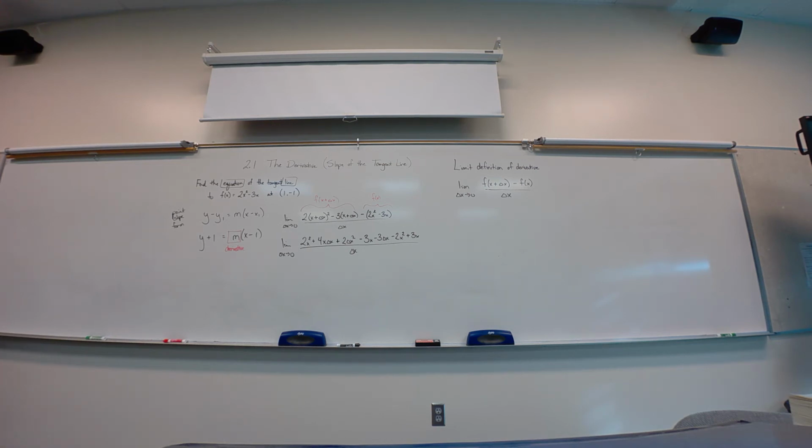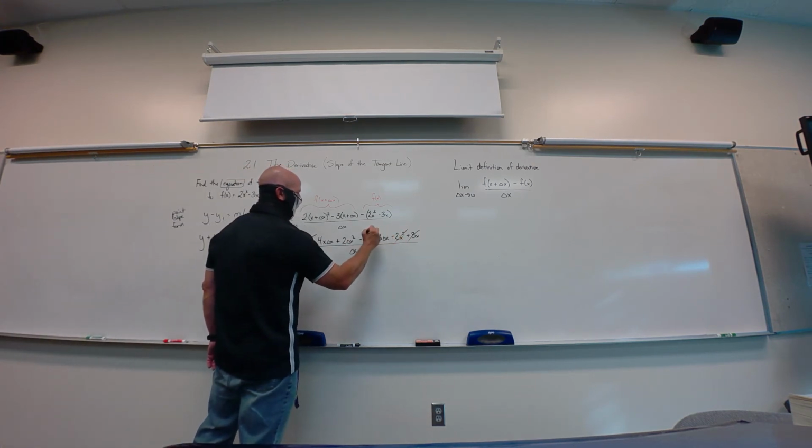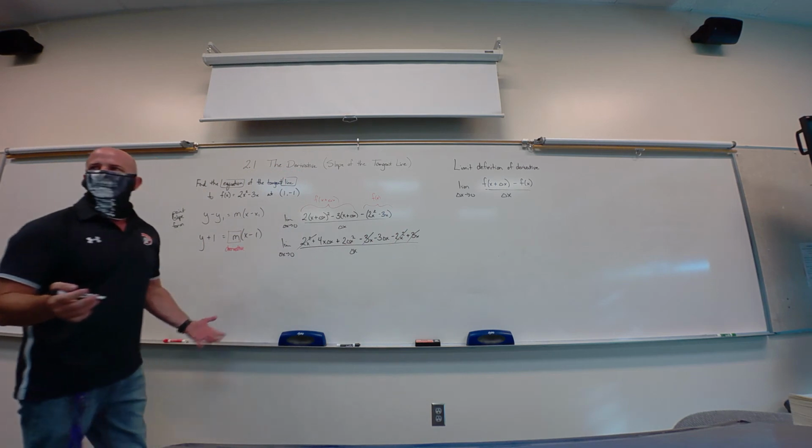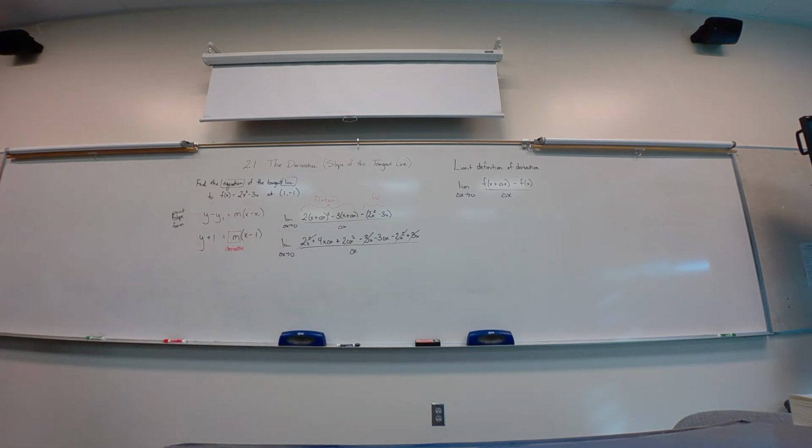Looks ugly, but we've got to simplify it down. So let's see, the 2x squares go. The 3x's go. Does everybody agree? And what you've noticed so far is you always get something that cancels. And if you look at what's left, there's a delta x that comes out of each one. Everybody agree?